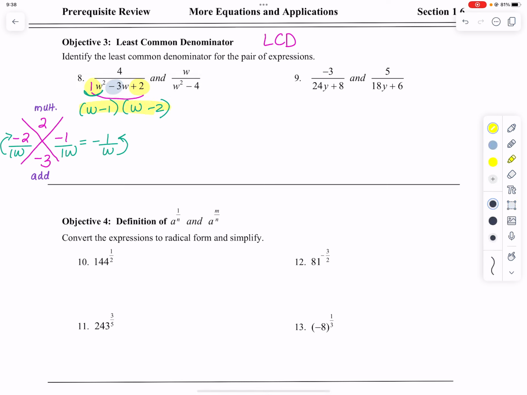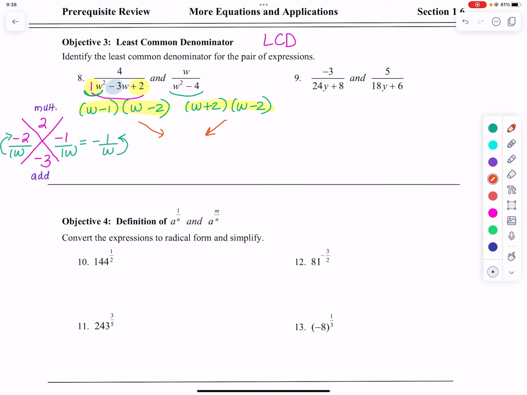Right here. And then the other denominator, of course, is a difference of squares. So if that's something that you need to take a look at, that's w plus 2 multiplied by w minus 2. So those are our two denominators. And so we will look at what they have in common.